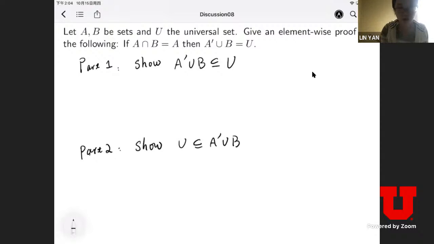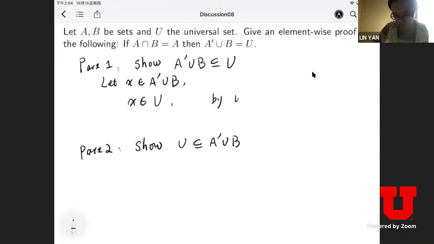So for each part, we can use an element-wise proof. That means we need to choose an element from the left-hand side. So we can let X be an element of A complement union B. And then we have X is an element of the universal set.